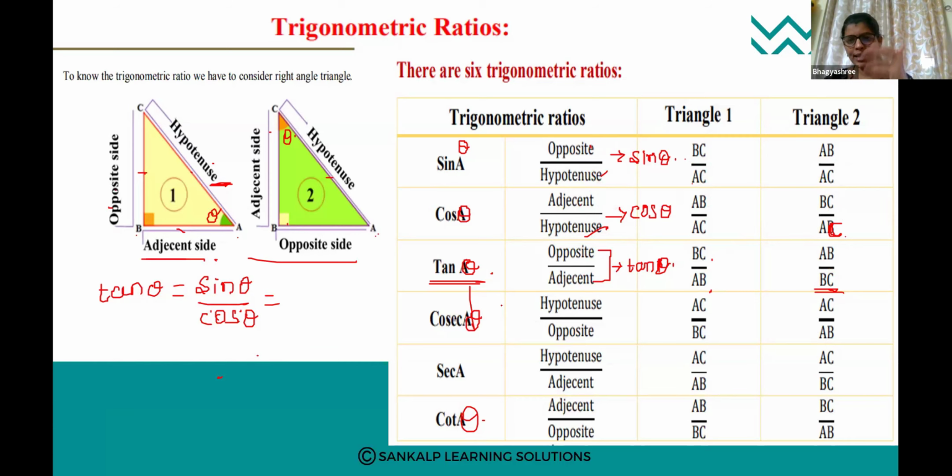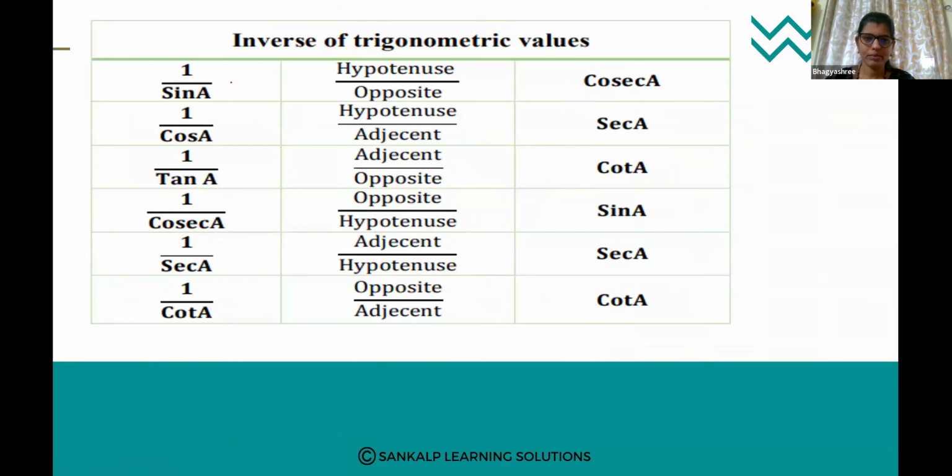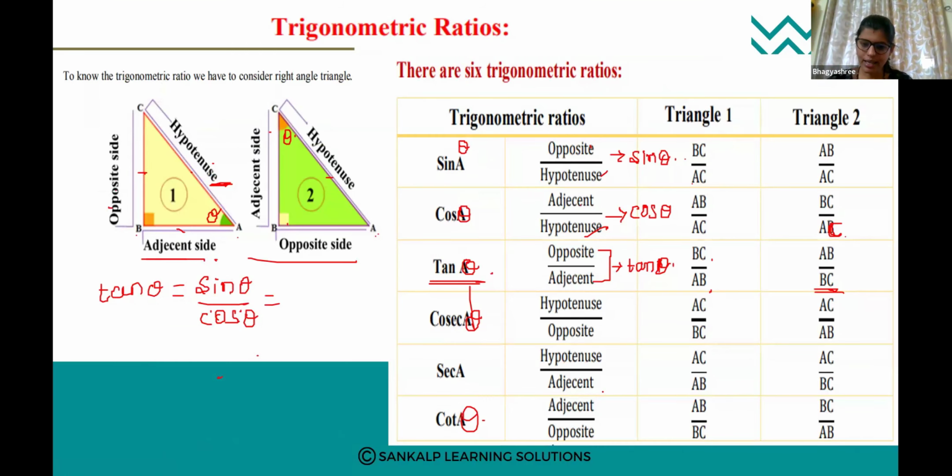Next, cosec theta. Next one is cosec. Cosec means cosecant theta. As a short form we say cosec theta. What is cosec theta? Here you will get what we call the inverse of trigonometric values. Which one do we call the inverse? See, cosec theta is the inverse of sin theta, that is, 1 divided by sin theta is equal to cosec theta.